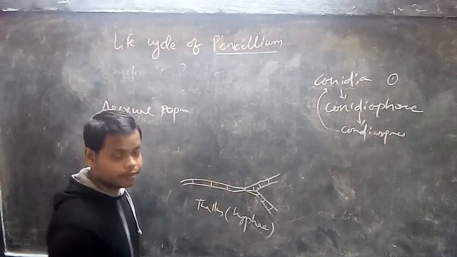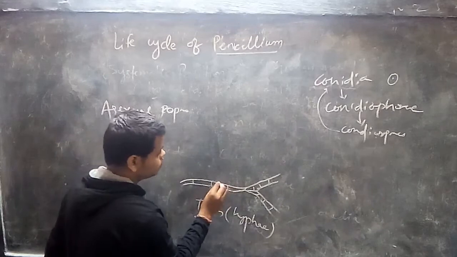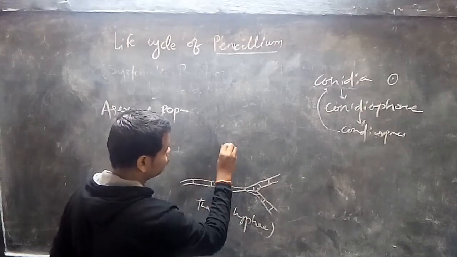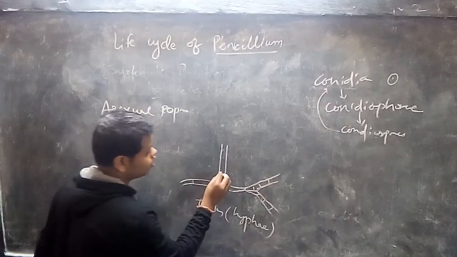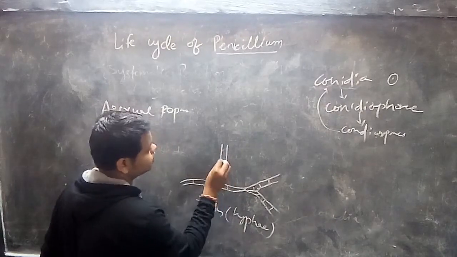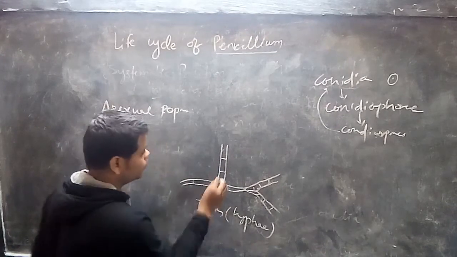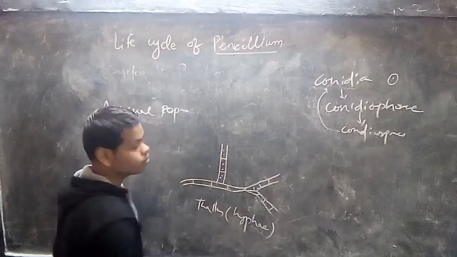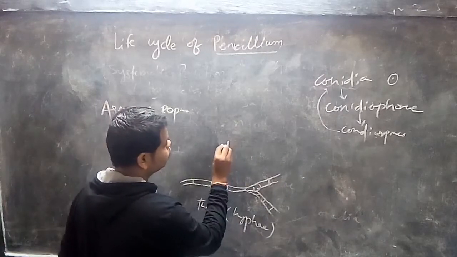In the separated hyphae, the conidiophore arises from any hypha. Suppose this is a hypha; from this, a conidiophore arises. These conidiophores are also separated by septa. They are uninucleate to multinucleate. This is the structure of the conidiophore.